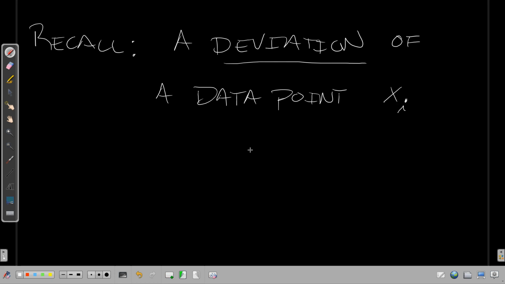So if that data point has this name, then its deviation is observed minus the mean.